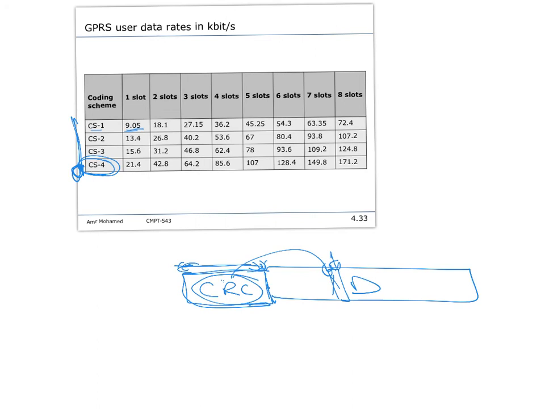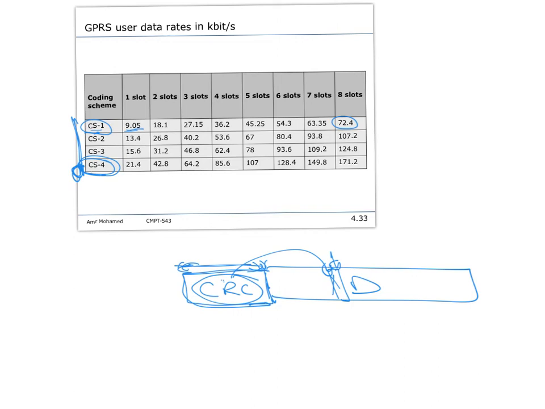If the channel state is really low, which means that we have a very bad channel, so the probability of error is high, we better use CS1, which will give you a higher number of combinations of errors that you can correct. But unfortunately, this adds overhead to the data, so you can get up to 72.4 kilobits per second only.